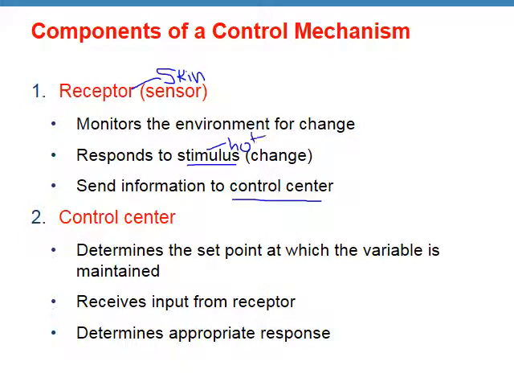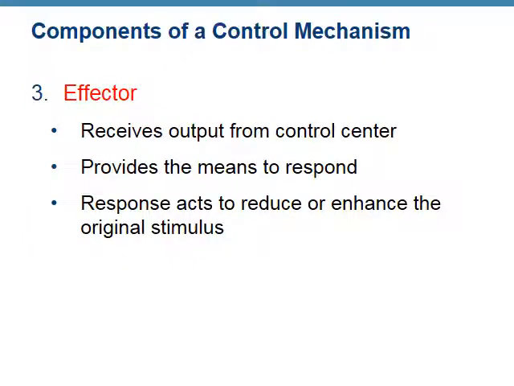That's the stimulus. And it's going to send a message to your control center. Your control center is your brain. Your brain is going to decide what to do about it. Your brain determines that set point that we've been talking about. The effector is going to receive an output from the control center, and it's going to respond or act on the original stimulus.